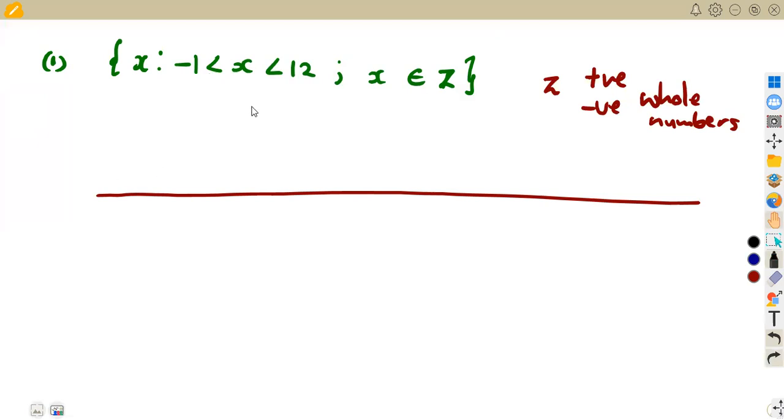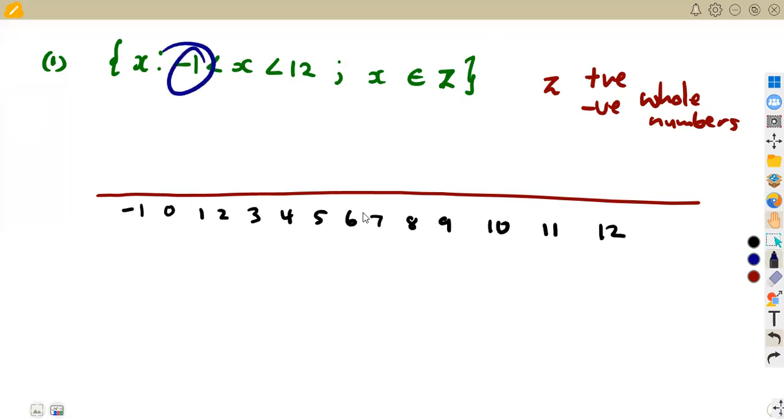But in this case, -1 is not. So on your presentation, this is -1, this is 0, 1, 2, 3, 4, 5, 6, 7, 8, 9, 10, 11, 12. -1 is not part of our solution. Our solution is in between these values, but -1 is not part of the solution.